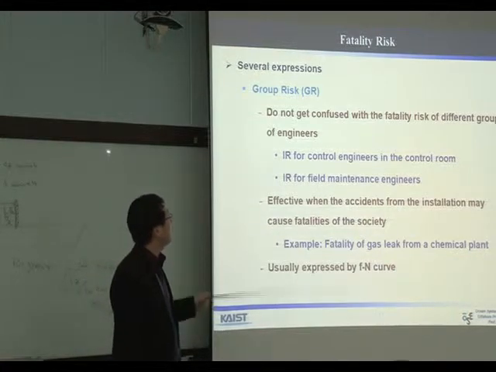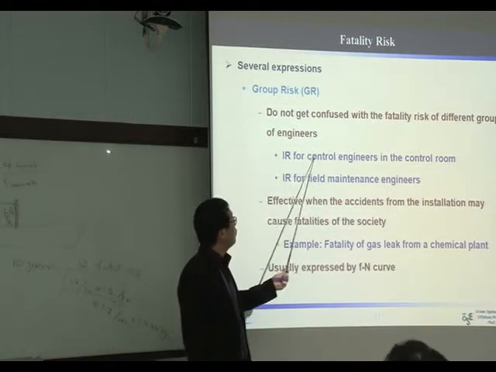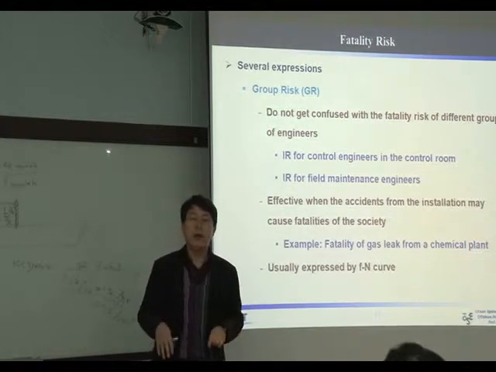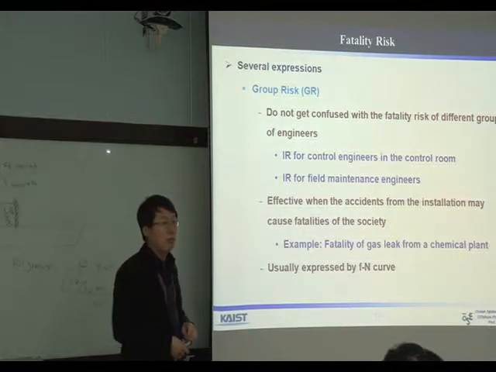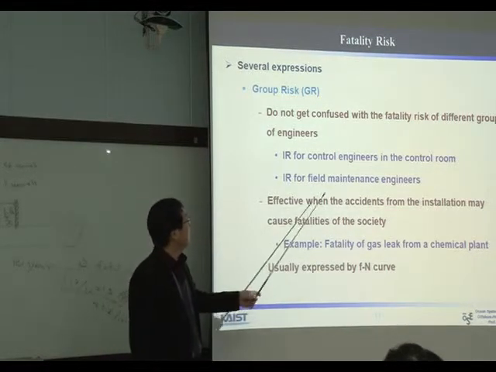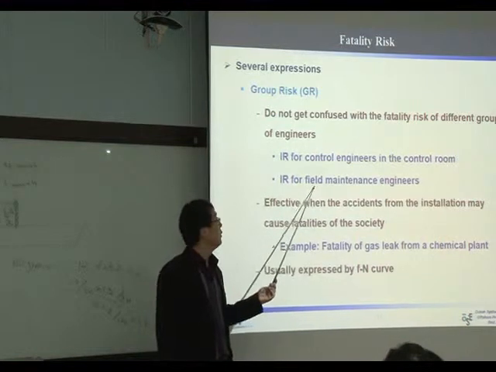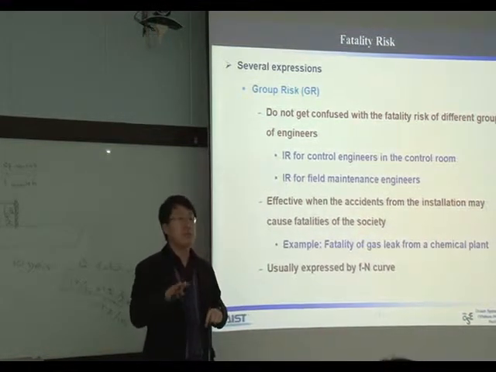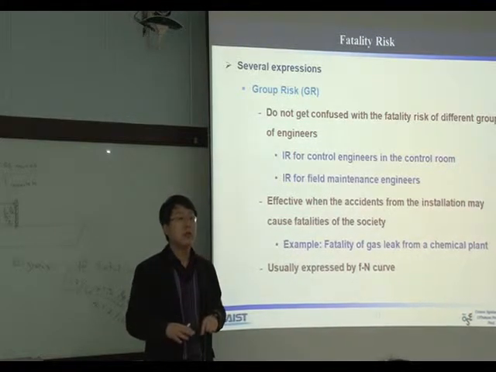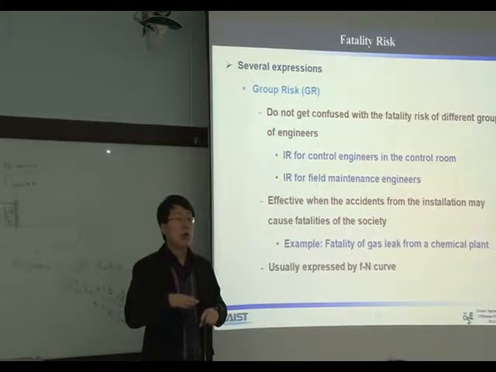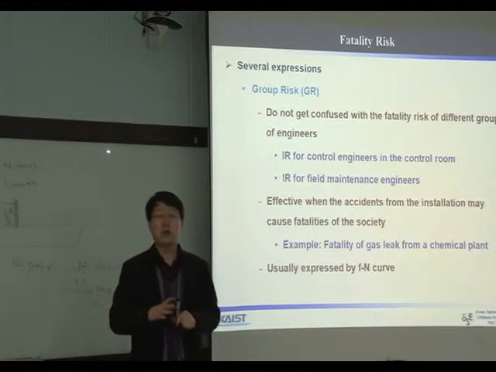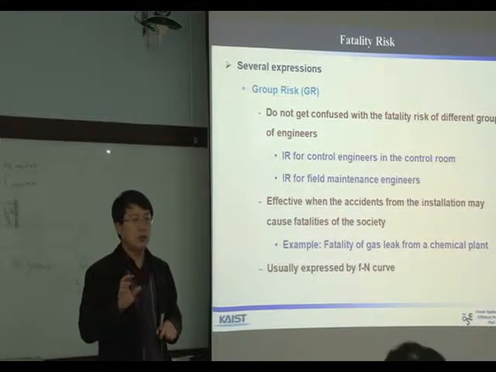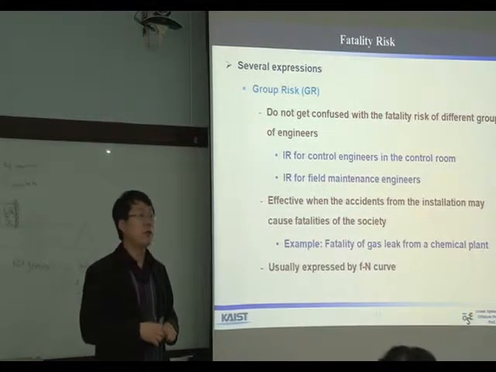What I mean is that the control engineer usually stays in the control room, and their IR may be much smaller than the IR for the field maintenance engineers. So there are different groups of engineers, and some people use group risk to distinguish the different levels of IR for the different groups.